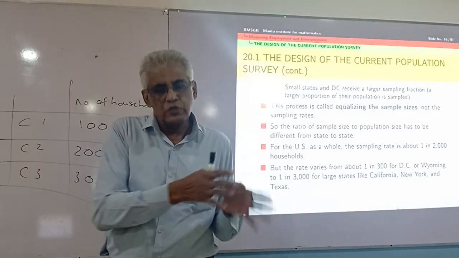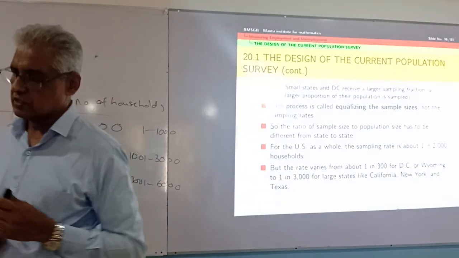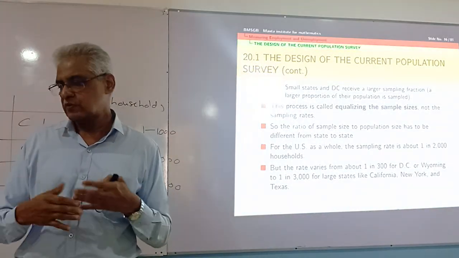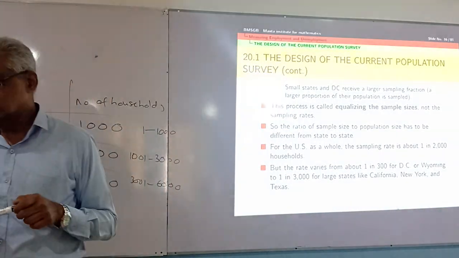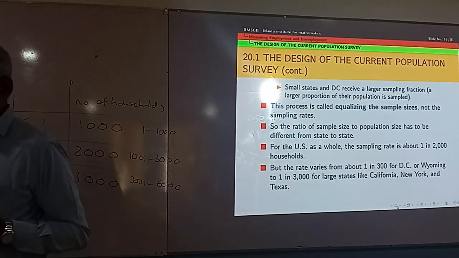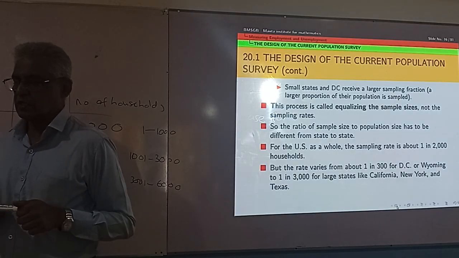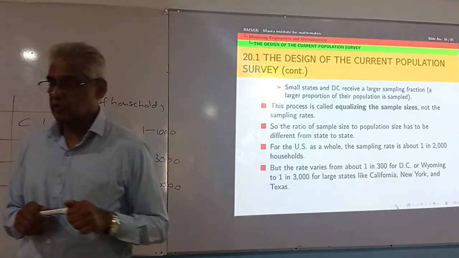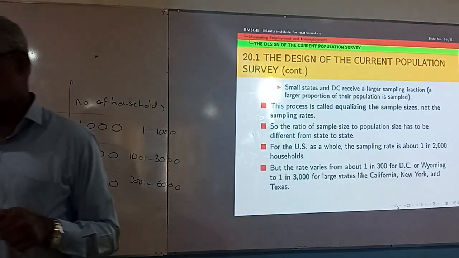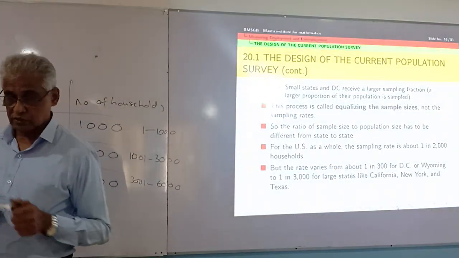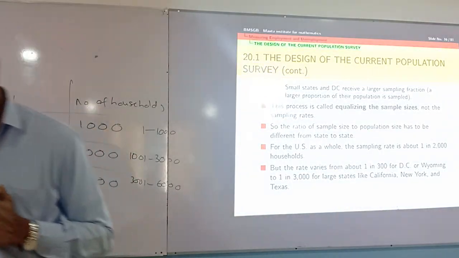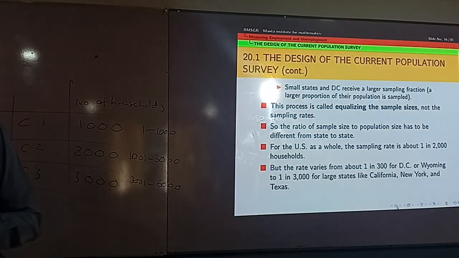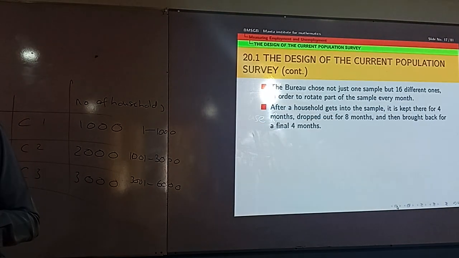But of course, for individual states, the sampling rates are going to change very much. For example, for Washington DC, it will be around 1 in 300, whereas in Wyoming, it might be 1 in 3,000. So rates may be different because the numbers of households in different states are different.